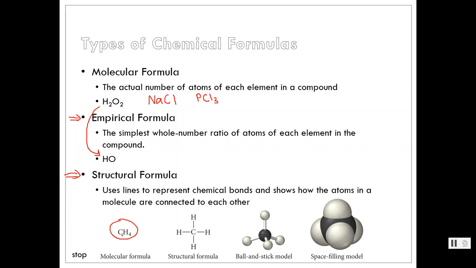I can't further divide those subscripts into a simplest whole number ratio. But looking at CH4, it's not clear whether all 4 hydrogens are attached to that central carbon, or maybe 2 hydrogens are attached to each other and 2 to the carbon. How are these atoms attached to each other?